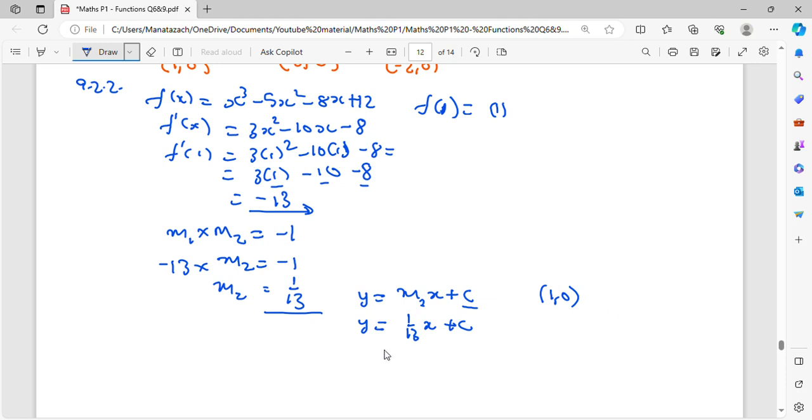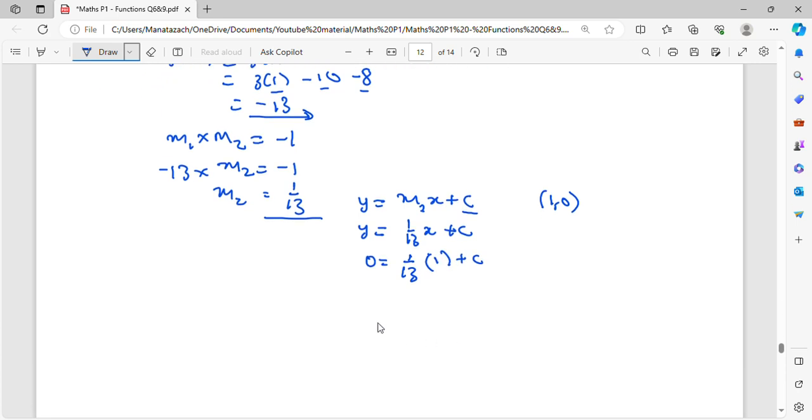So we can quickly calculate c. y is 0, 1 over 13 times 1 plus c, and then your c will work out as minus 1 over 13. Therefore the equation is going to be 1 over 13x minus 1 over 13.